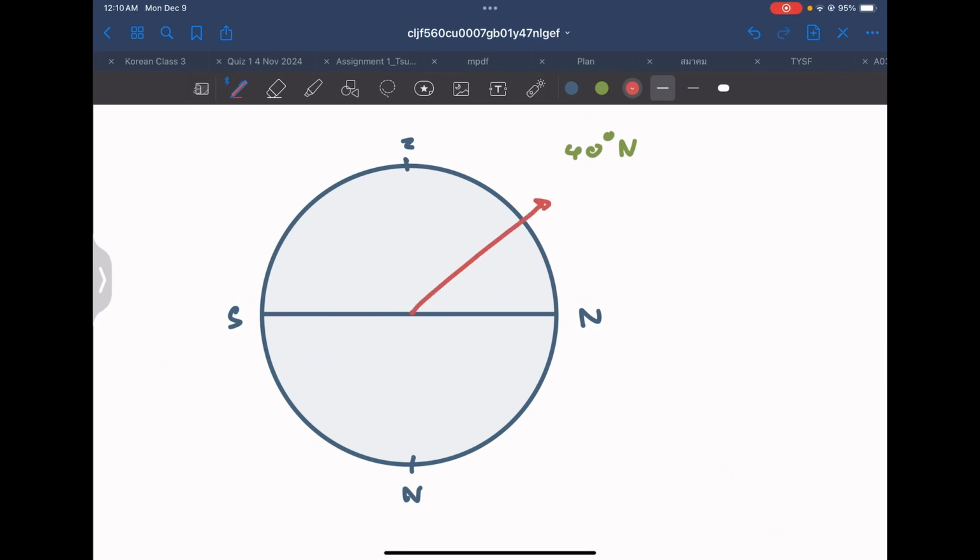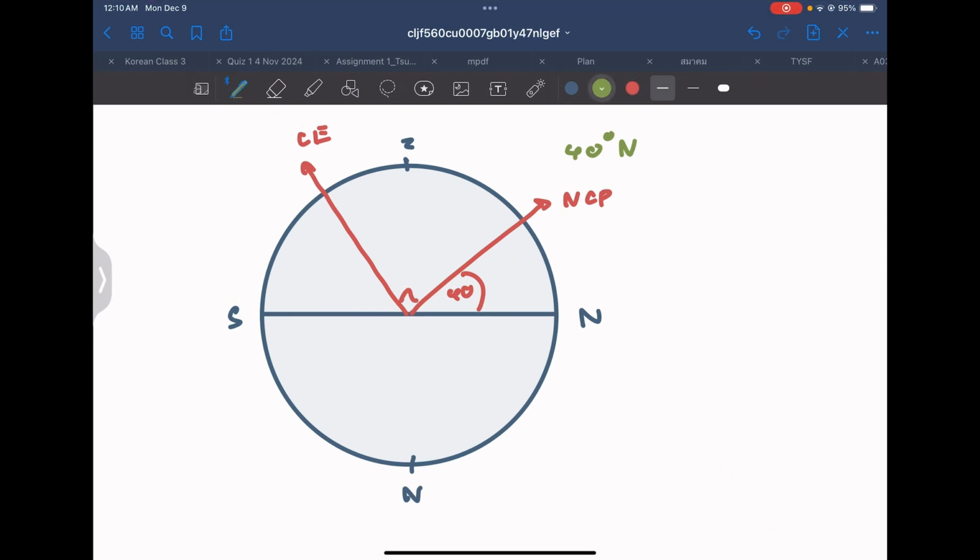NCP is around here, at 40 degrees. And you will know immediately that CE is here, because CE is perpendicular to NCP.